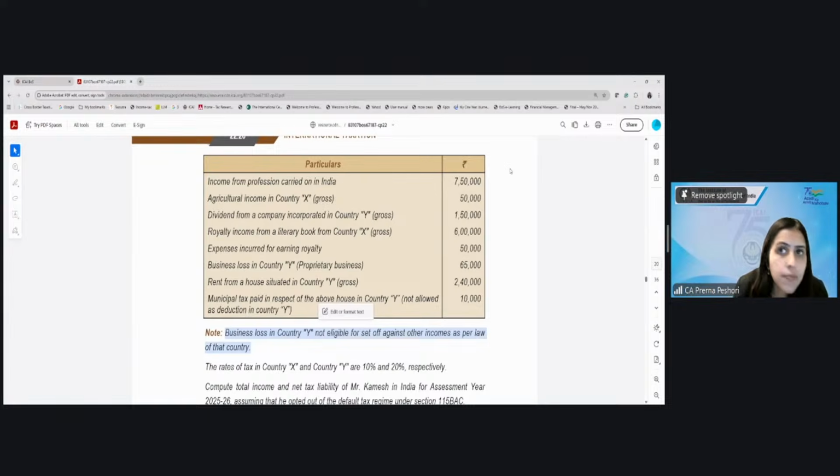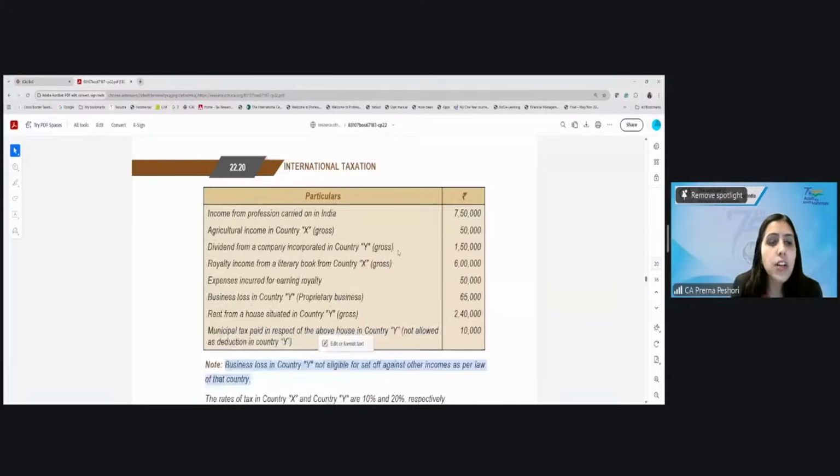Whether you'll get the business loss, will not get? Yes, we'll get, right? And it doesn't impact if the other country allows against the other income or not. We will allow it as per our rules, right? We'll consider as per the Indian domestic law.